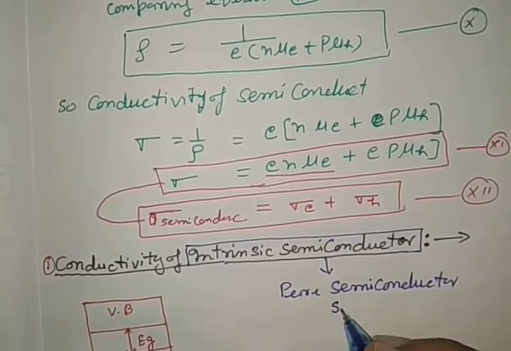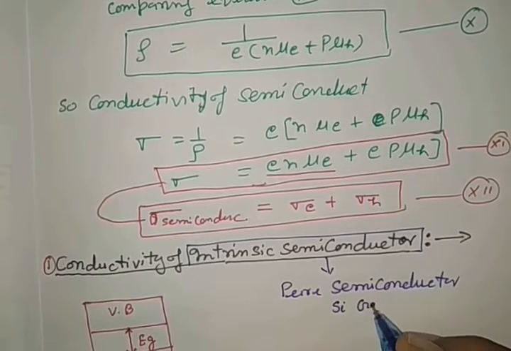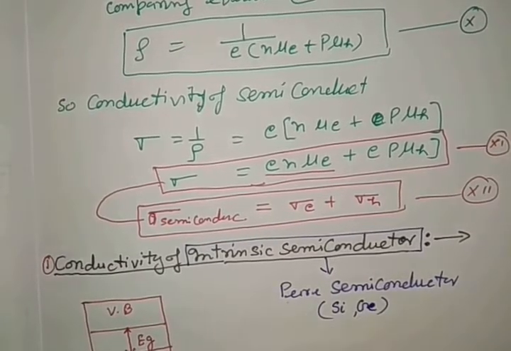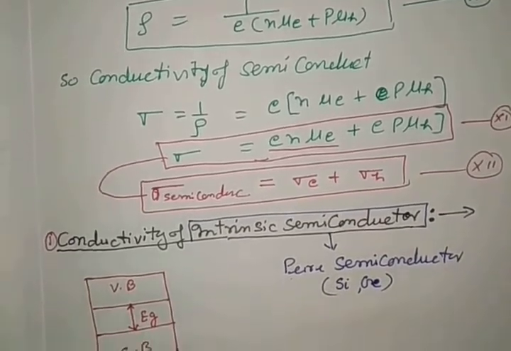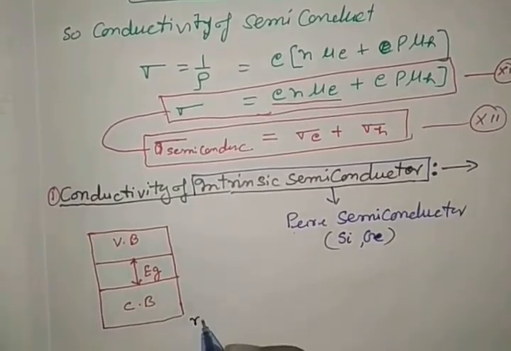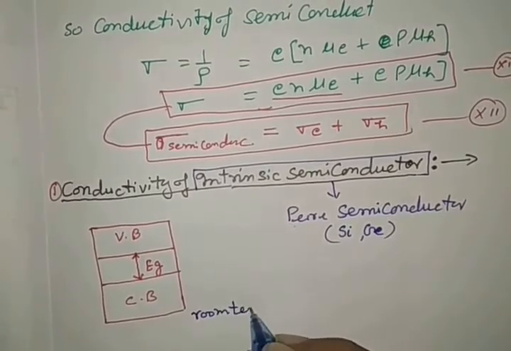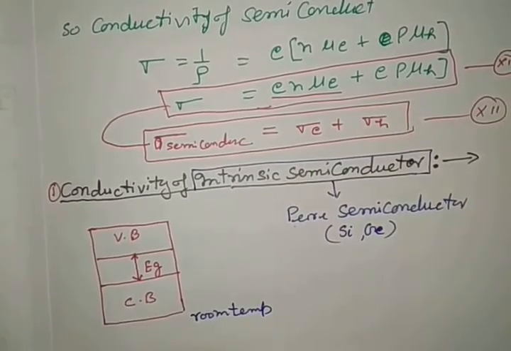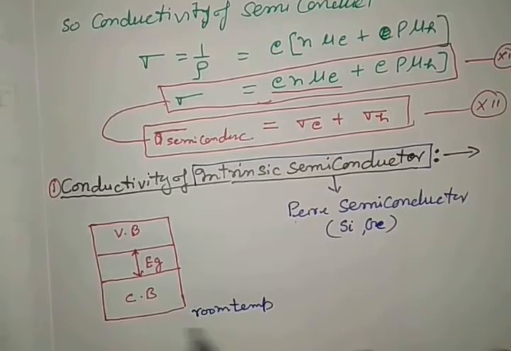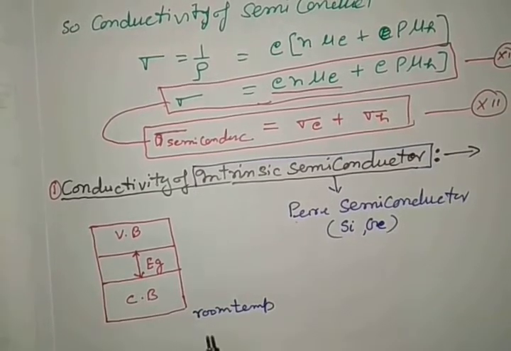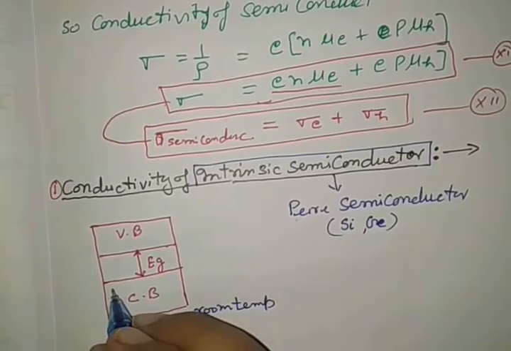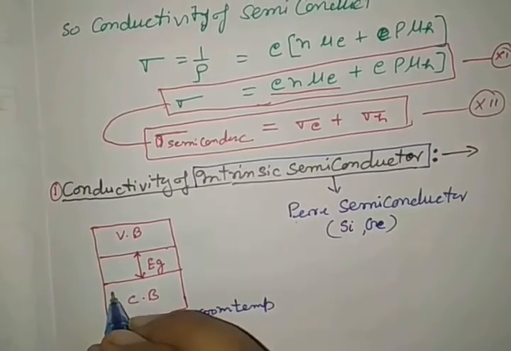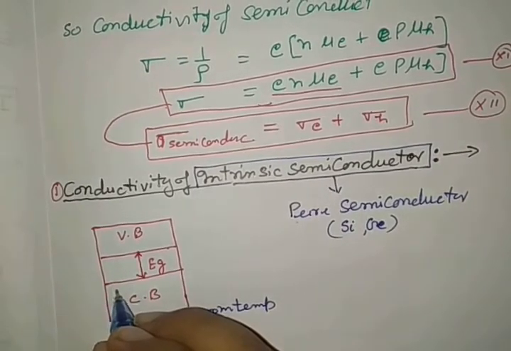Silicon and germanium are examples. In a pure semiconductor at room temperature, due to thermal agitation, kinetic energy of electrons and the small forbidden energy gap, some electrons are transferred from the valence band to the conduction band.